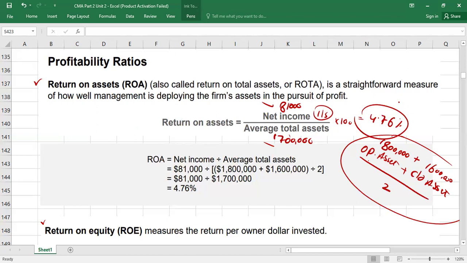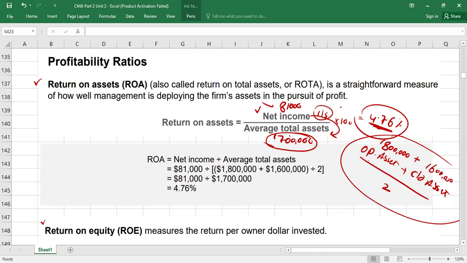So what does 4.76% mean? Now you can interpret it in two different ways. The first way is what? I'm trying to relate the numerator with the denominator. Your net income is 4.76% of asset value. Or in other words, whatever investment you have made in the assets, in my example the average investment is 1.7 million, that is generating 4.76% net income for you.